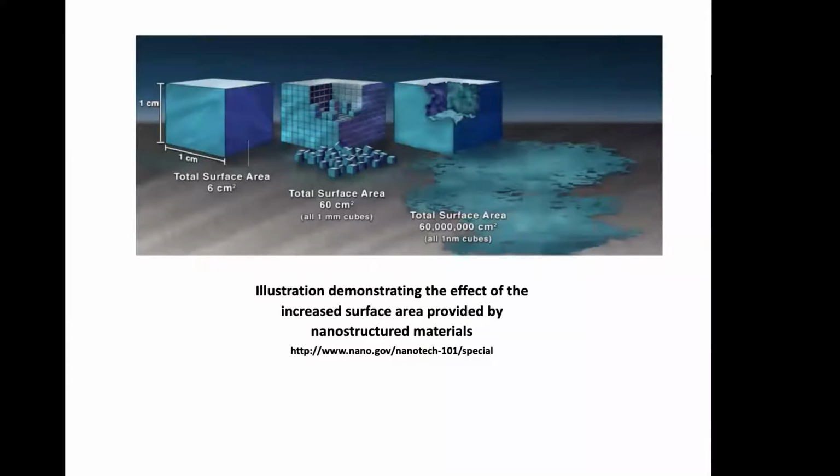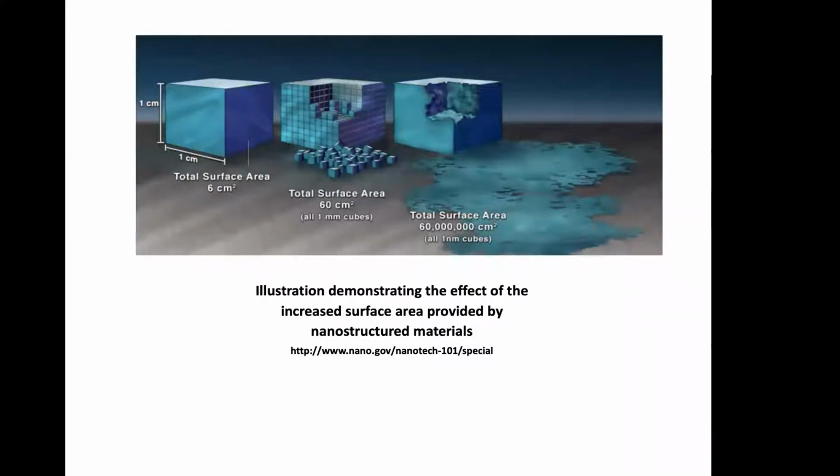If I take a bulk material having a given volume and make it smaller, the volume is the same, but the area is increasing, and you have an enormous surface area. When you talk about atoms, an enormous number of atoms are available at the surface for reactions, and this makes nano very special.